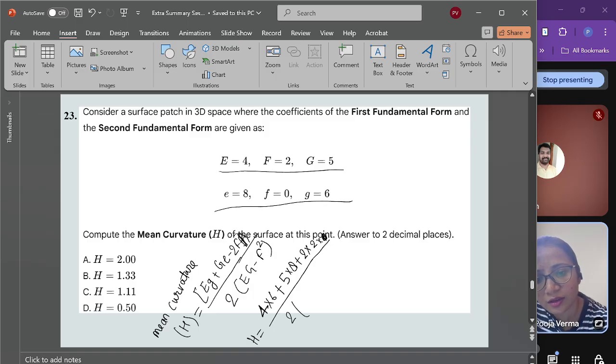And in the denominator, E and G, so 4 into 5 minus F square, so 2 square.